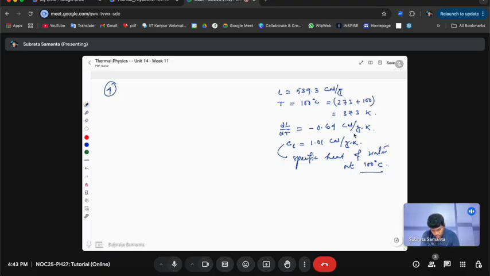So the equation is dL/dT minus L over T is equal to your specific heat of solid Cs minus Cl. So this Cs is the specific heat of solid.